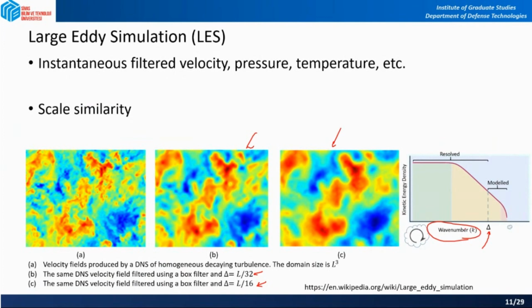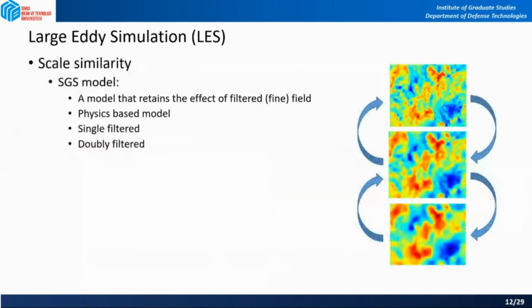You have enough resolution in time and space to resolve them. For smaller ones, you just model them. So we know all of these things, and again, these are instantaneous fields. The original field and the filtered field are different, and we don't have any doubt on that.